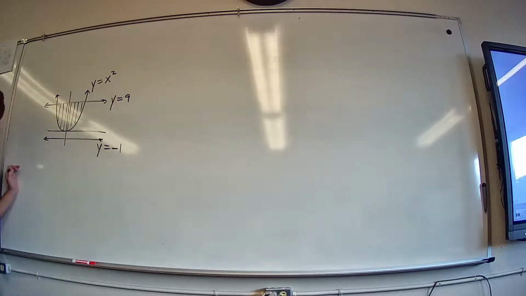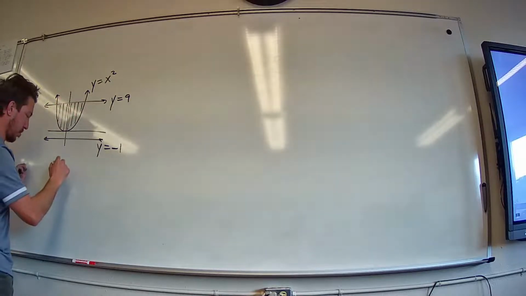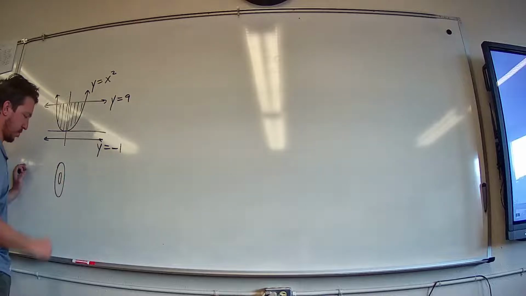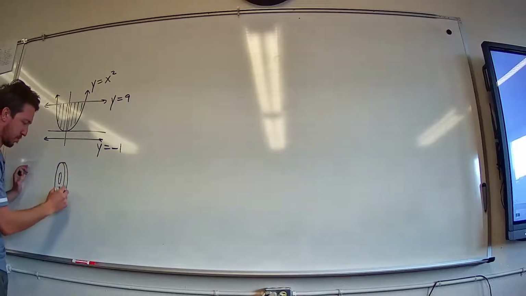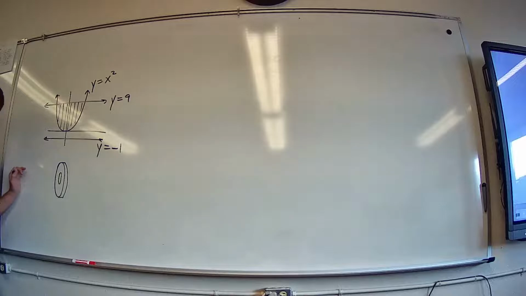Cool beans? Yes. What shape are the cross sections? They're washers, right? Yes. When this is the center, the axis of rotation, they're going to carve out washers. We all feel fine? Yes.